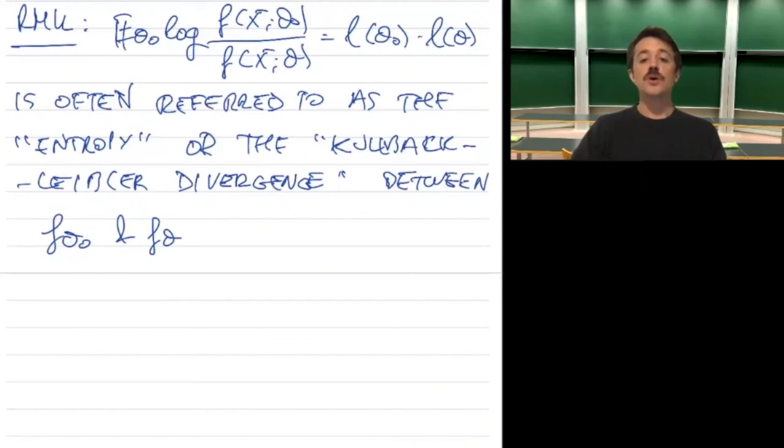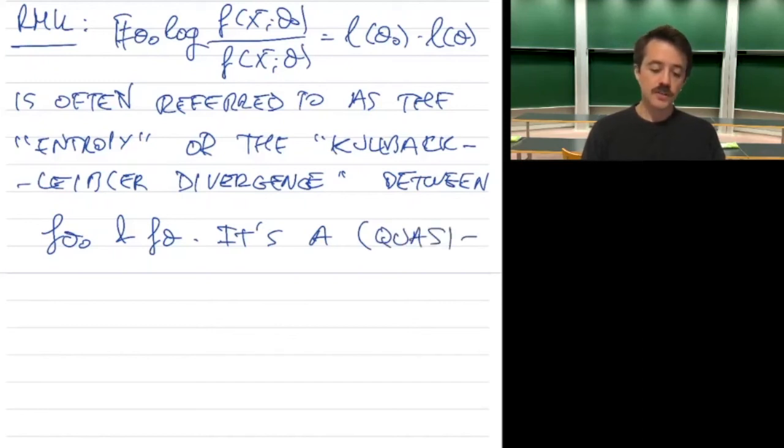Something important about this is that, let me be a bit pedantic here, it is a quasi and also semi distance.